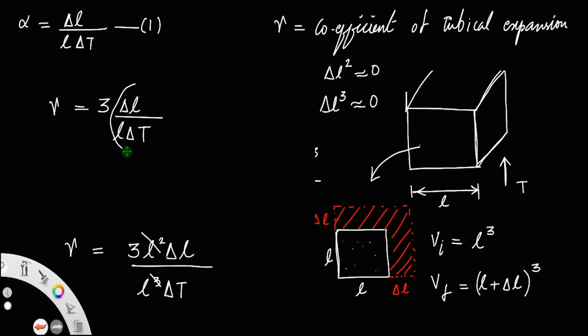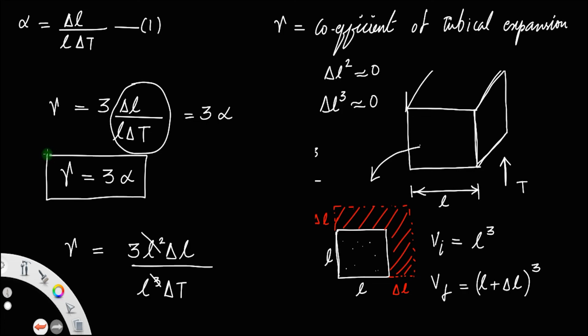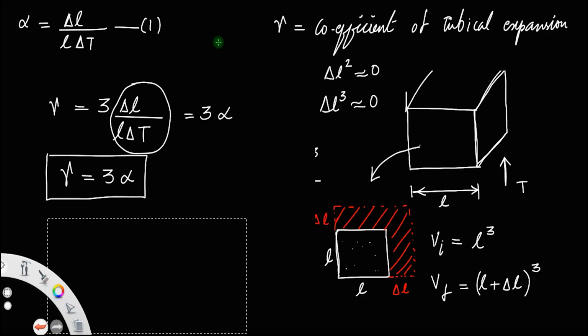If you compare this with equation number 1, that is alpha. So this is equal to 3 alpha. So gamma equals 3 alpha, which means the coefficient of cubical expansion is 3 times the coefficient of linear expansion. So that's the relationship between alpha, beta and gamma.